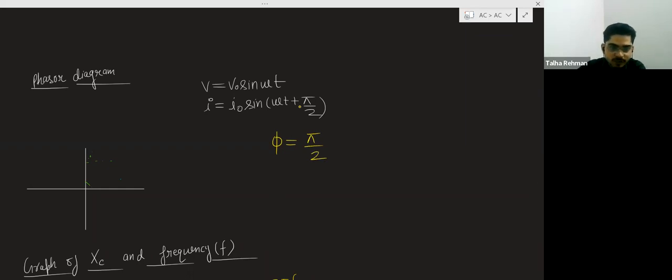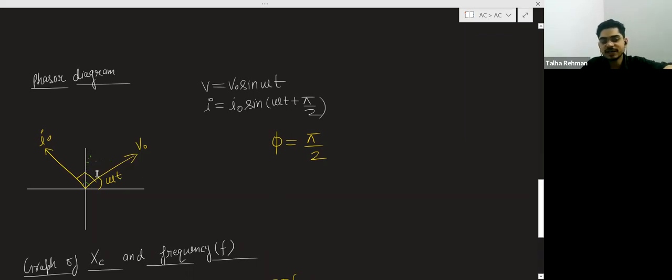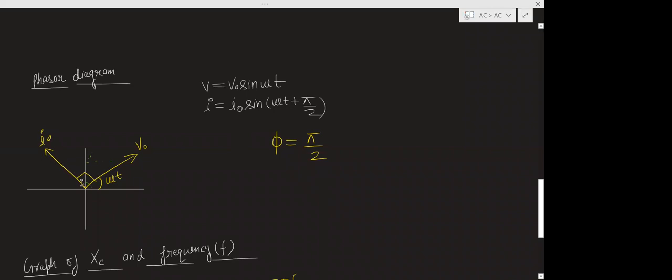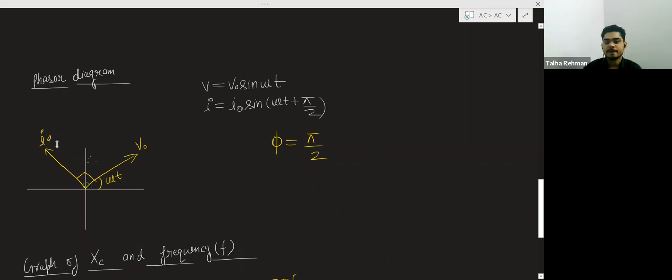So this time, this will be your voltage, making an angle of omega t, but this time your current will be this I naught, and this angle will be 90 degrees. So current is like this because current is leading the voltage by 90 degrees. That is why I have drawn the current like this.